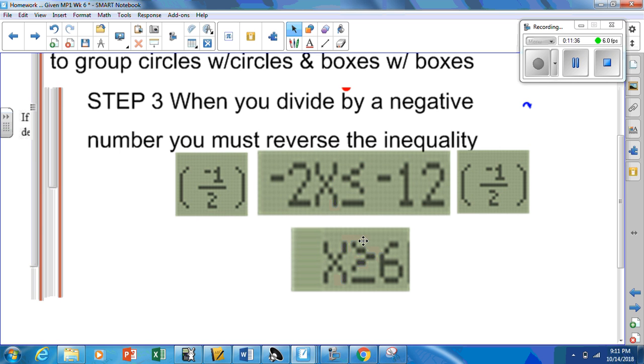Now it has to be greater than or equal to. What we're doing is taking negative 2 and multiplying by its reciprocal, which is negative 1.5. And negative 12 is being multiplied by that same reciprocal. So I now have negative 12 divided by negative 2, which is positive 6.